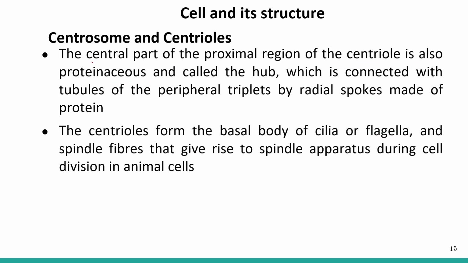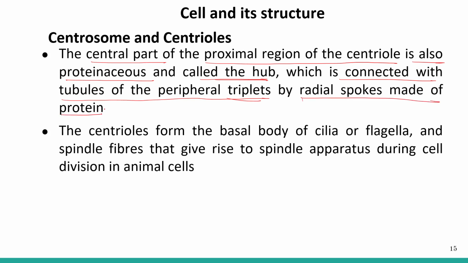The central part of the proximal region of the centriole is also proteinaceous and is called the hub, which is connected with the tubules of the peripheral triplets by the radial spokes made up of protein. So as we have seen in the case of cilia and flagella, they are connected with the radial spokes.